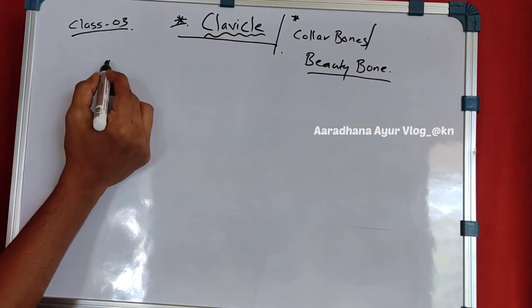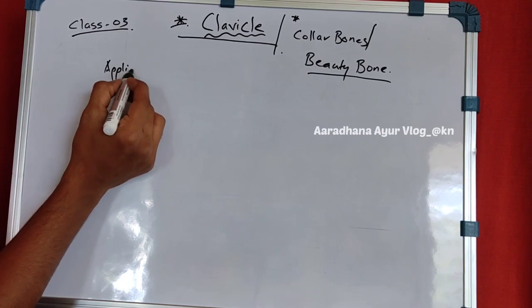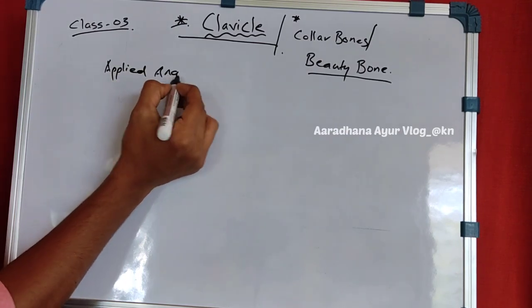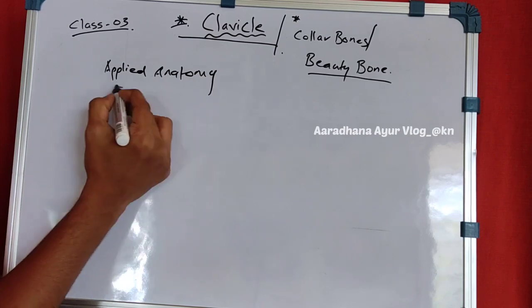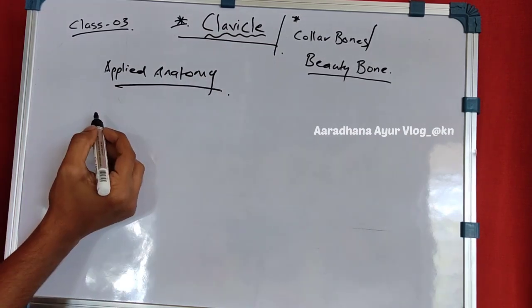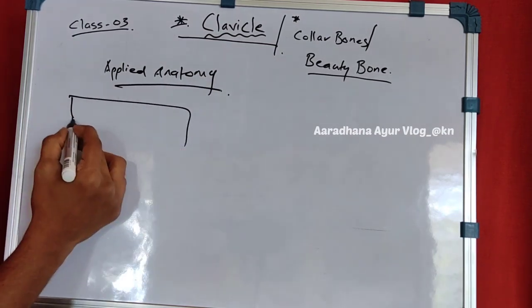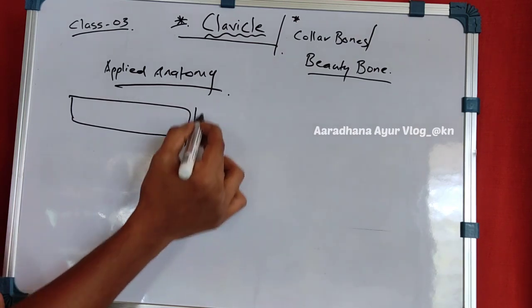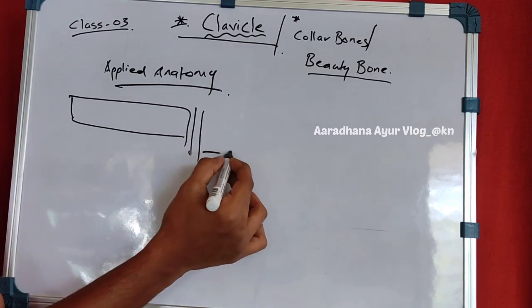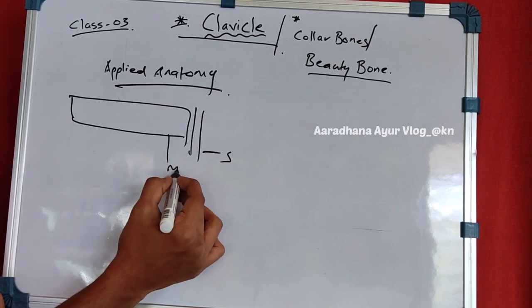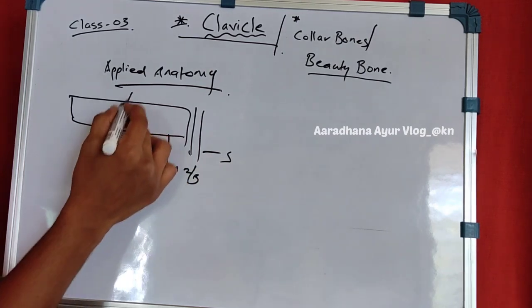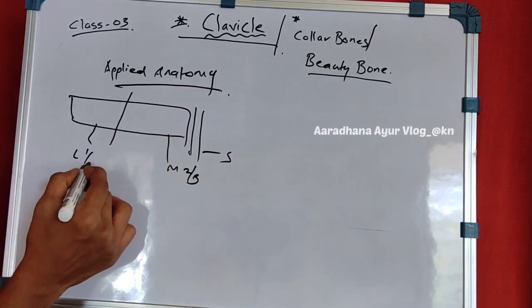When we see the applied anatomy, considering this as a clavicle, this is the sternum, and this is the medial 2/3 end, and this is the lateral 1/3.